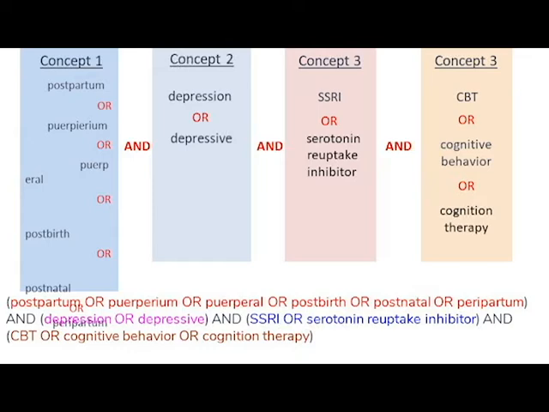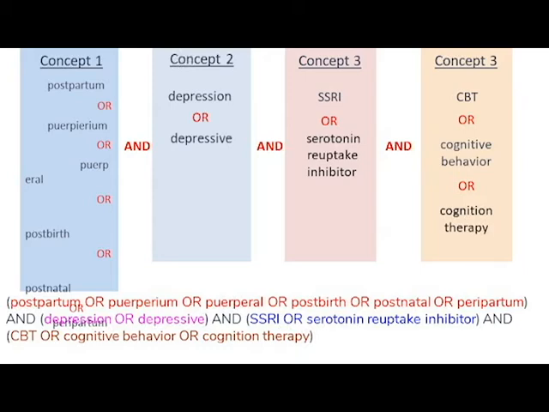The bracket in mathematics or in searching is done first. So what I've done here is postpartum or puerperium. Everything that was vertical has been put into parentheses or brackets. And then I've combined it with the and, because I want to intersect that with depression or depressive.